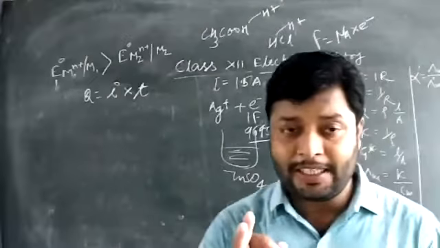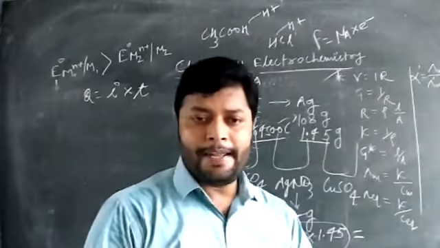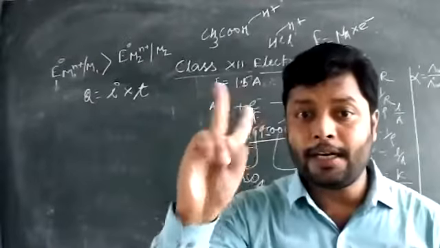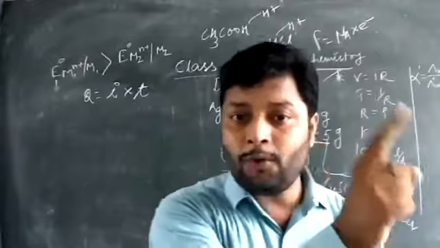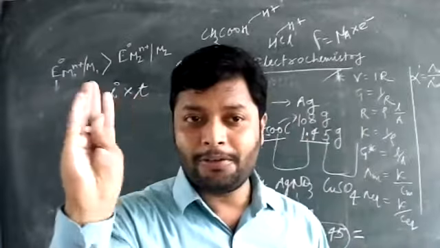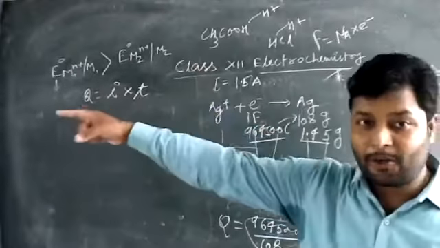The other thing which is really very important: if time and current are constant, Q will be constant. Have you listened? If time and current are constant, Q will be constant.